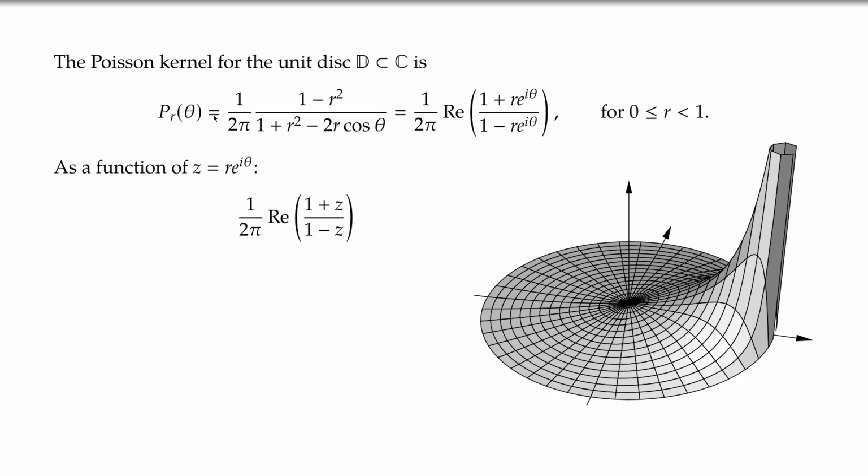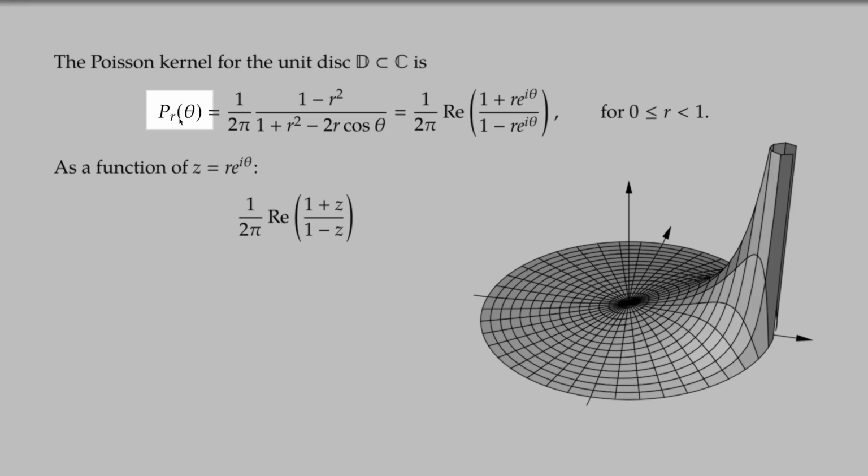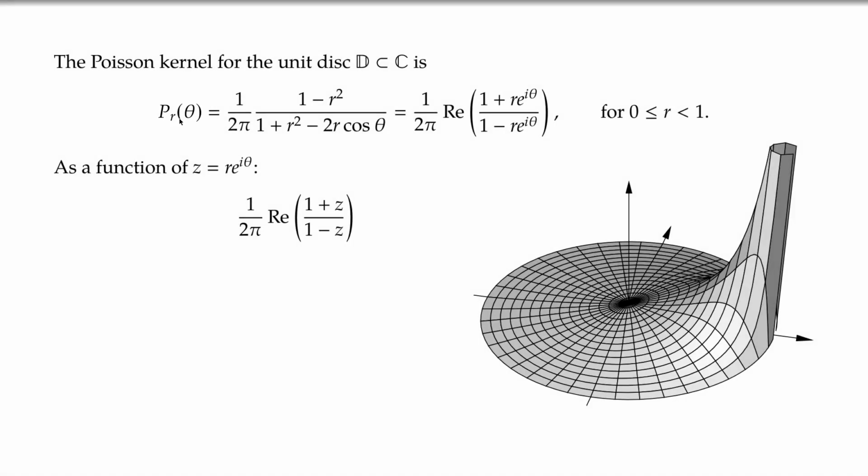So it's traditionally given as P sub r theta, and it's really given in polar coordinates. There's a couple of ways to write it, and they're useful for different things.